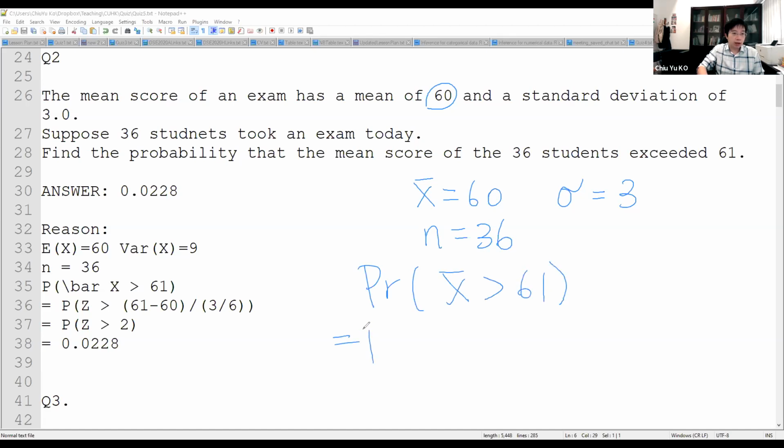What we do is invoke the central limit theorem, where x bar is normal. To fit our notation, I should change it to mu 60, with standard error 3 over 6.